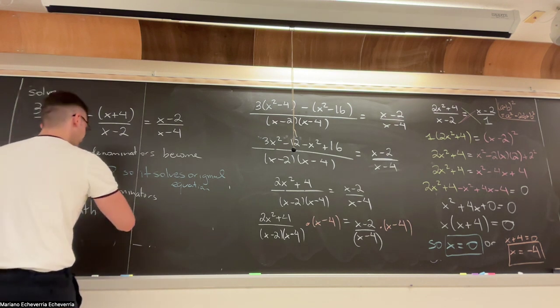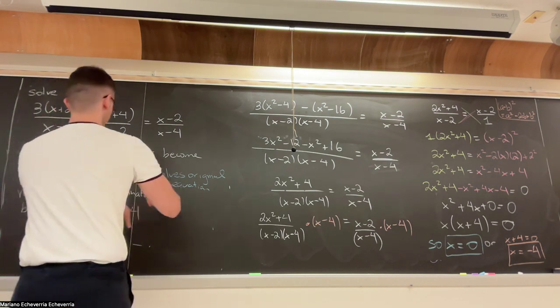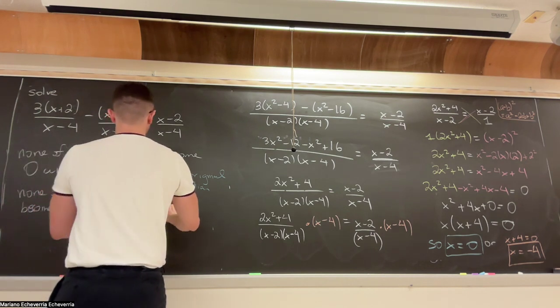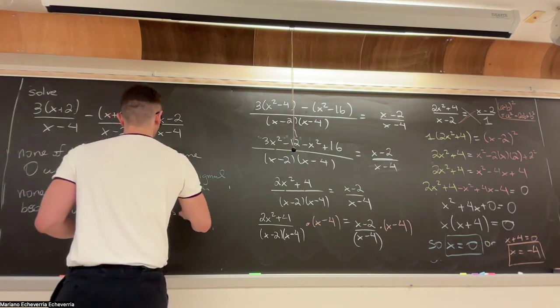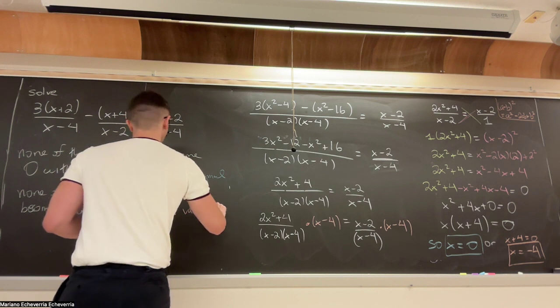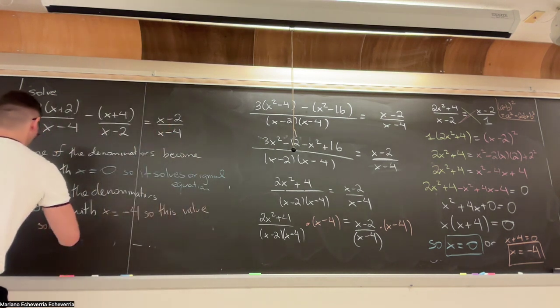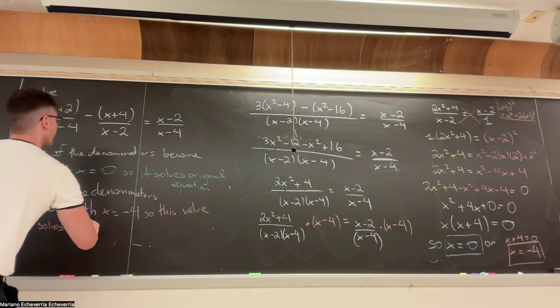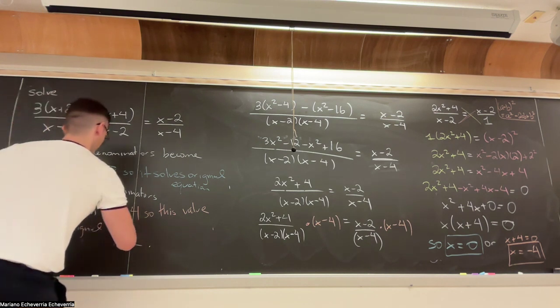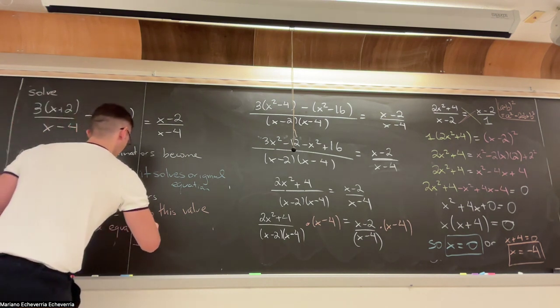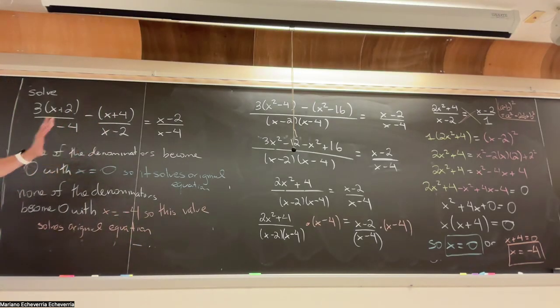x equals negative 4. So this also works. This value solves the original equation. But notice, for example, x equals 4 would have been an issue, or x equals 2 would have been an issue.